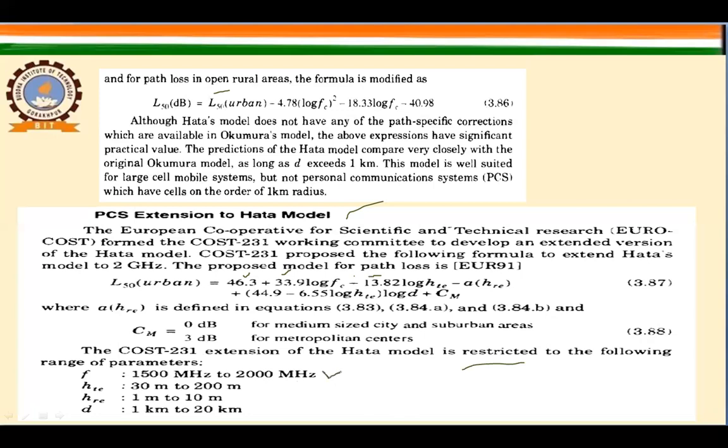The frequency range is extended from 1500 megahertz to 2000 megahertz, the effective height of the transmitter is 30 meters to 200 meters, H of RE is 1 meter to 10 meters, and the separation distance small d is 1 kilometer to 20 kilometers.